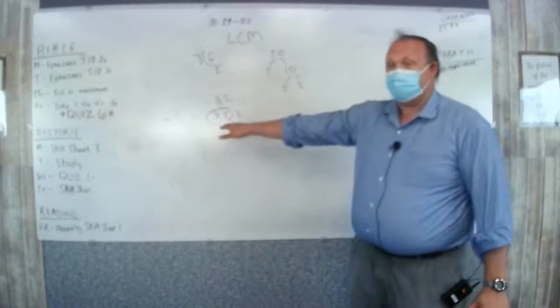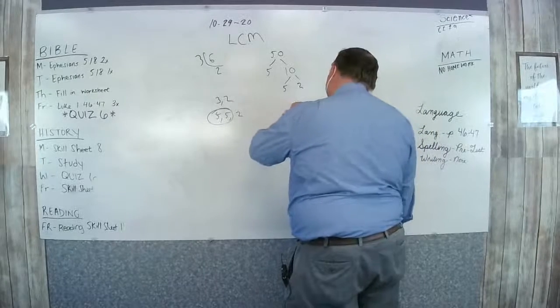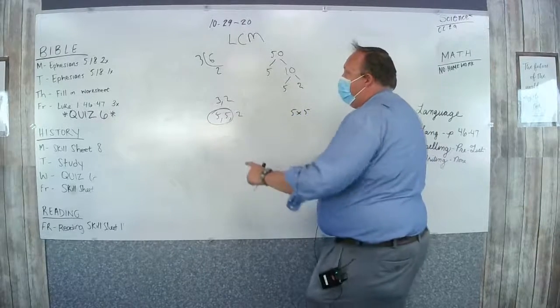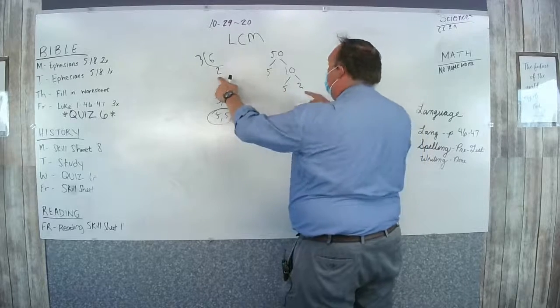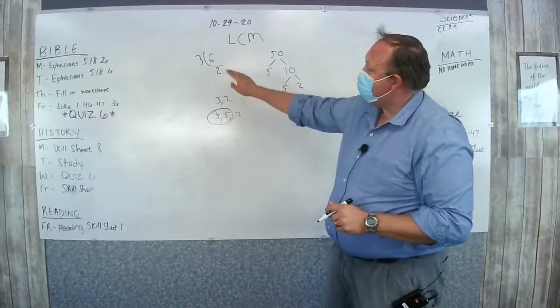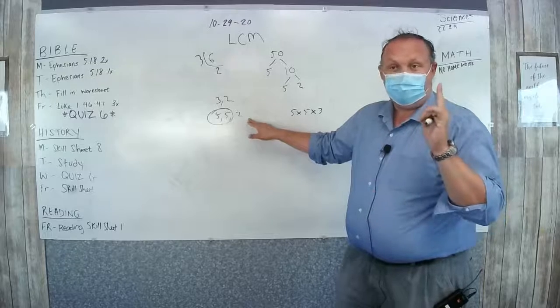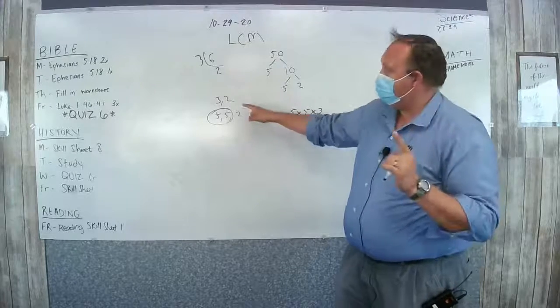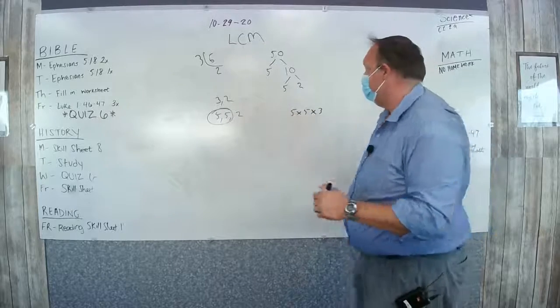So I have to use those 2 5s. And then I have a 3. I need to use a 3. And then I have 2 2s, right? But I have a 2 over here for the 6, and I have a 2 over here for the 50. I only need to use one of them. Because it's only used one time here, and it's only used one time here. I only need to use one.